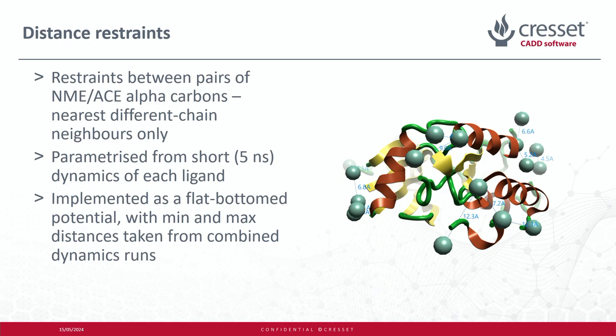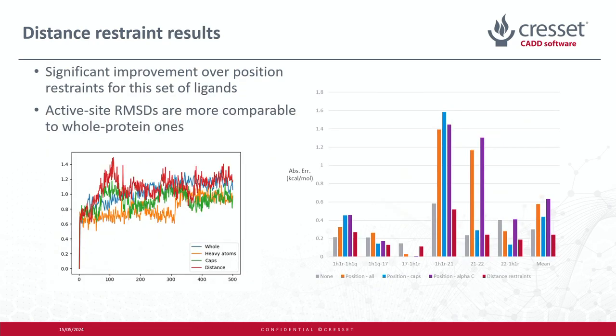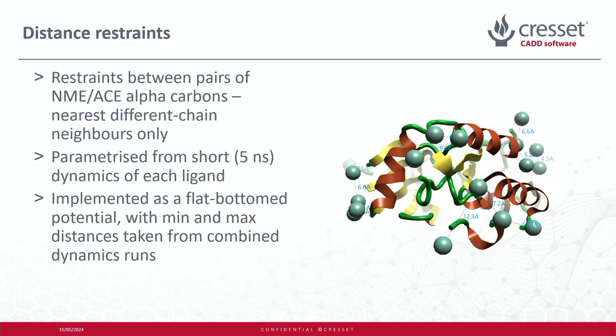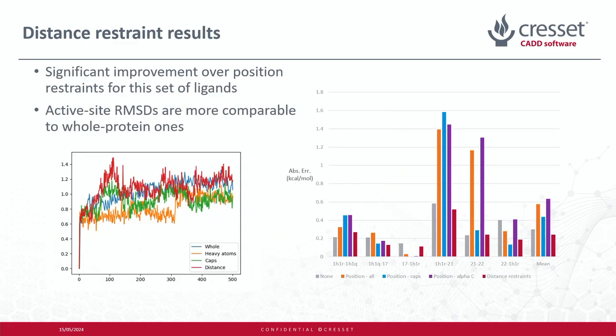The idea here is not to restrict it to exactly the same distribution as the whole protein, but to make sure that any configuration that you can get in the whole protein is also permissible in the truncated protein, and that addresses some of the issues we saw before. And if you look at the results for this set of 6 ligands, you can see in the red bars that the results do improve, and they're now much more comparable to the unrestrained protein.